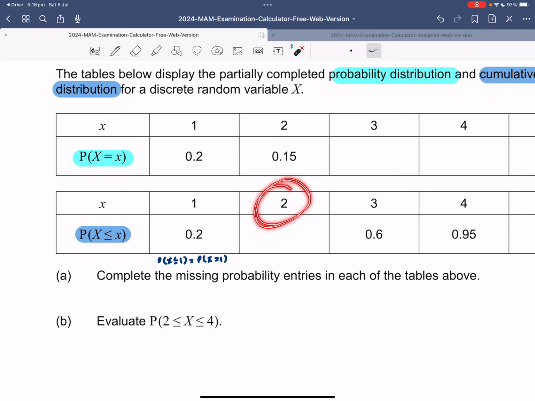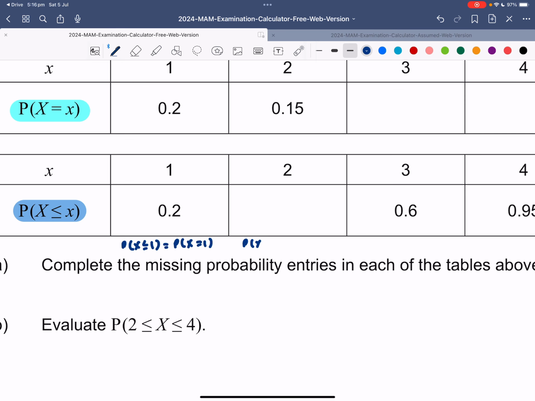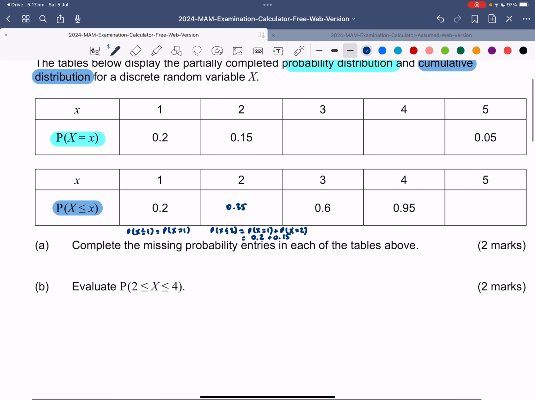So the probability that x is less than or equal to 2, if I was to show some working, there's no marks for the working out, but that's what a cumulative function tells you: the probability that x is 1 plus the probability that x is 2. We know the probability that x is 1 is 0.2, and the probability that x is 2 is 0.15, so this will just be 0.2 plus 0.15, and that gives us 0.35. Okay, so therefore this probability here is 0.35. That's how it works.